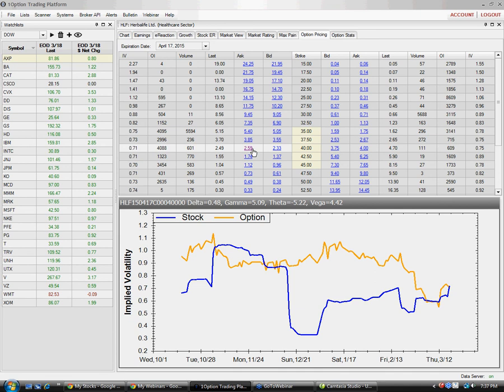And there you can see the option implied volatility relatively high in here at about 0.6. So that tells me that a selling strategy might be even better for this particular play.